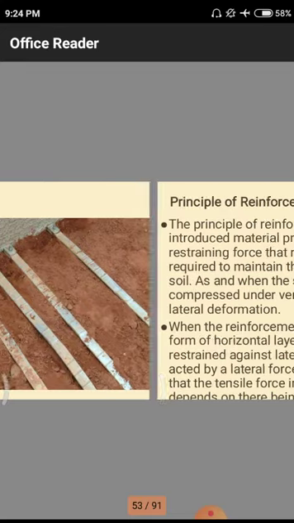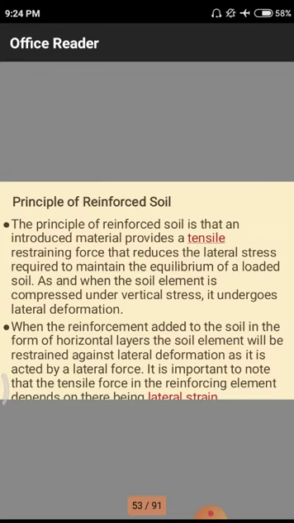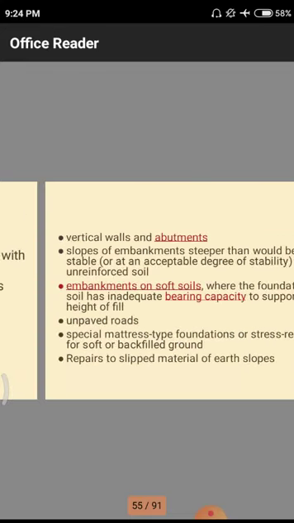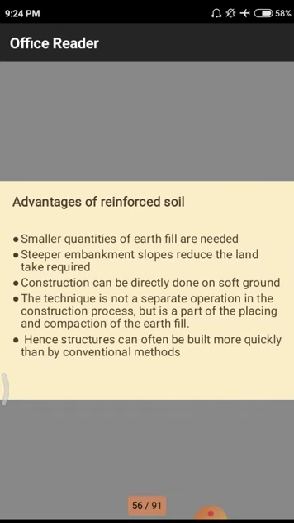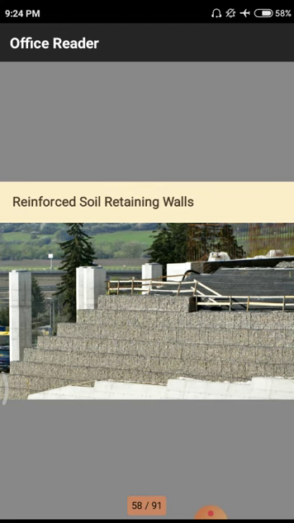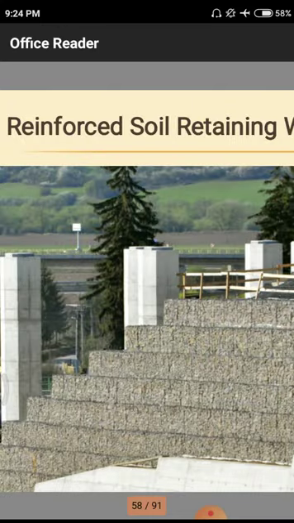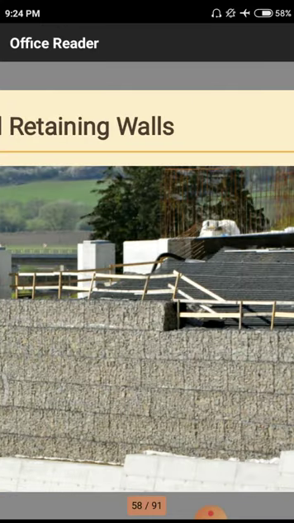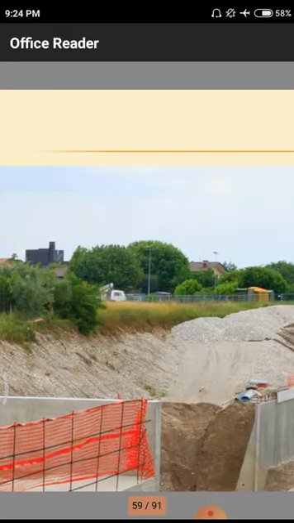These are the examples for the connections and main principles of soil reinforcement. These things we have to observe clearly. This is the total soil reinforcement they are placing.